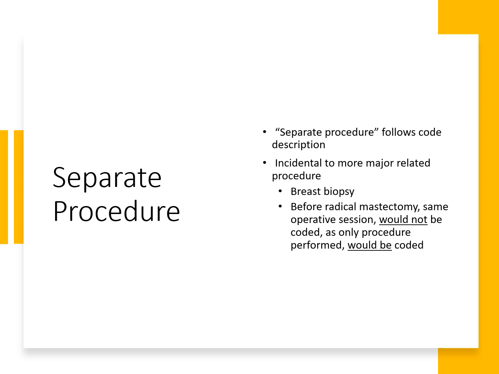The doctor is going to have a frozen section done, and if it comes back that it's malignant, then he's going to want to just go ahead and do the mastectomy right then and there. He's not going to send the patient home and then have the patient come back again to do the mastectomy. So what this is telling us is that when there's a biopsy done with a definitive procedure, you're not going to code the biopsy. Only the mastectomy in this case.